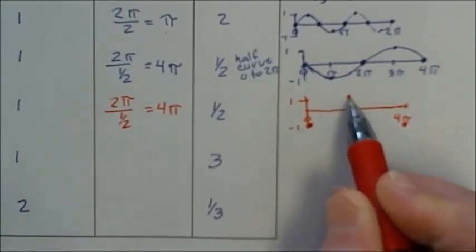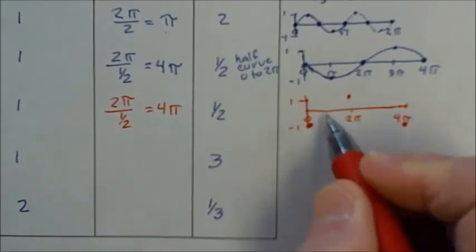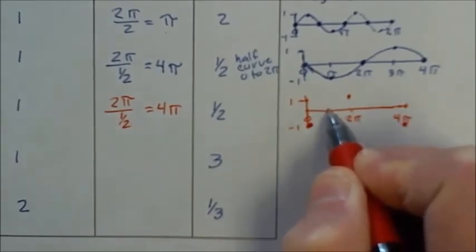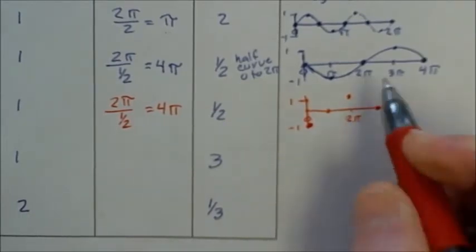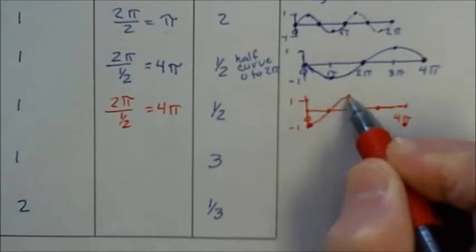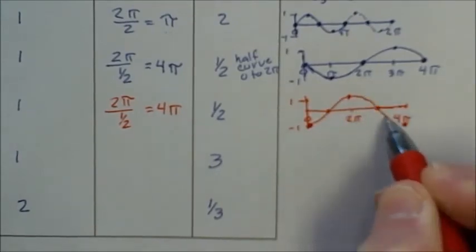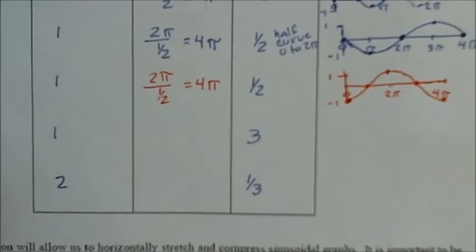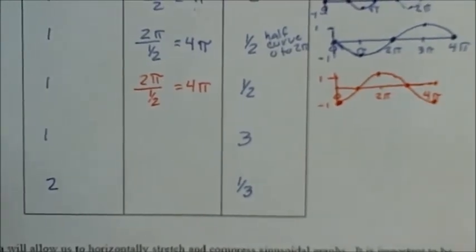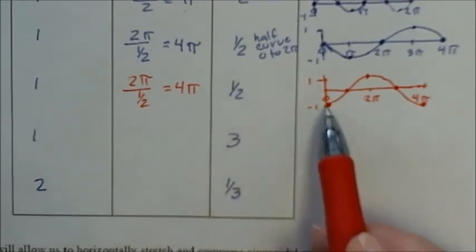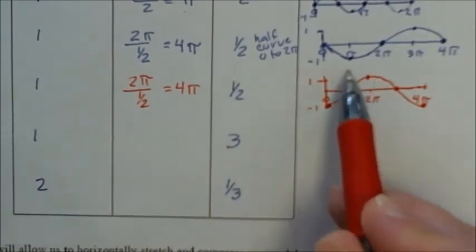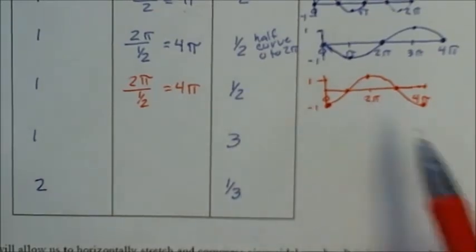And between -1 and +1 here, it would cross the x-axis. And between 2 pi and 4 pi, midway between, would cross the x. So there we have one complete cycle of y equals negative cosine a half x. And this is telling me the frequency is a half. That's telling me from 0 to 2 pi, we only have 1/2 of a cosine curve.